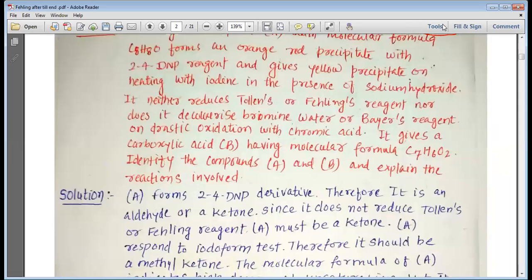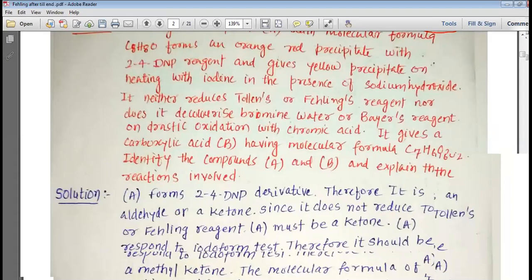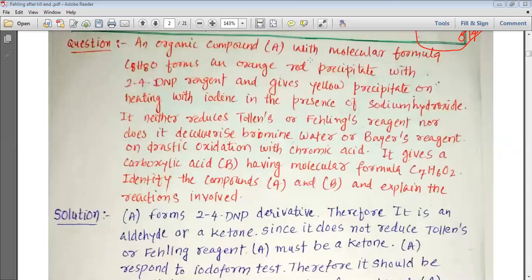Now a very important question, my dear students, for us to solve. Let us read the question and then we will solve it. An organic compound A with a molecular formula C8H8O forms an orange-red precipitate with 2,4-DNP.